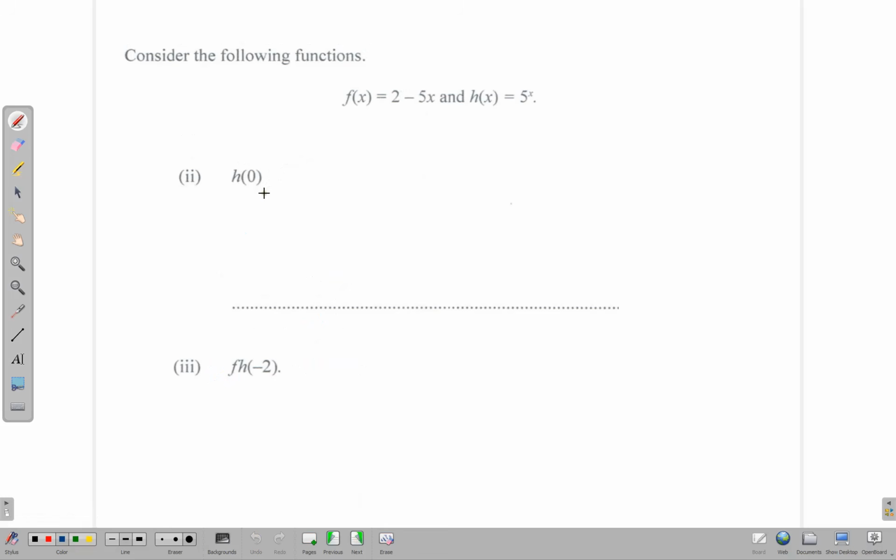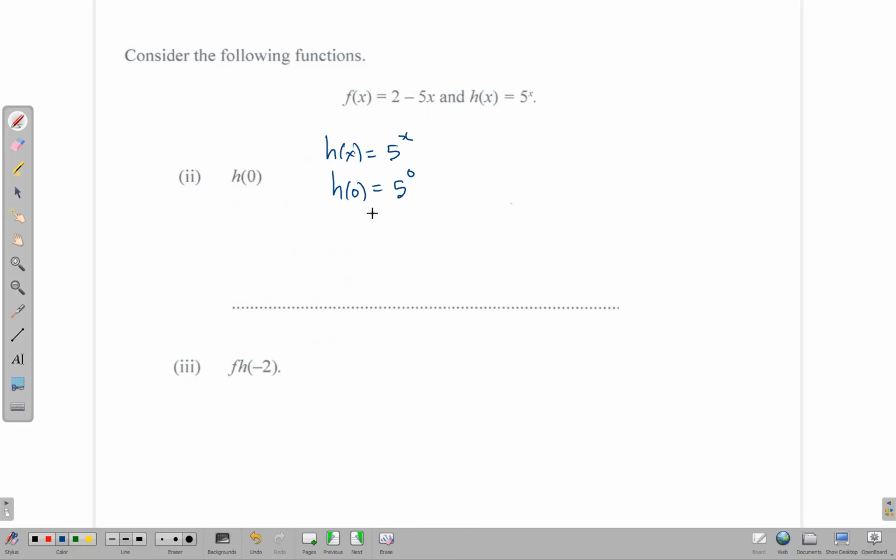Here we want to calculate h of 0, so we're going to substitute 0 into the h of x function, writing that down first. h of x is equal to 5 to the x, and now we're going to substitute. So h of 0 is going to be 5 to the 0 power. Now 5 to the 0 power is 1.